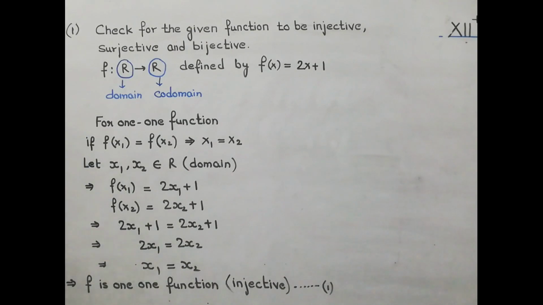This we have got the first equation. So here we have proved that the function is injective. That means each and every element, different elements of the domain, are related to different elements of the codomain. Now we have to prove that the function is onto.